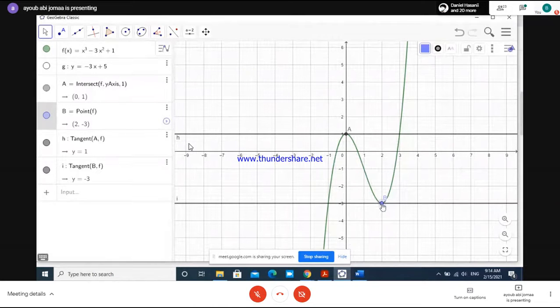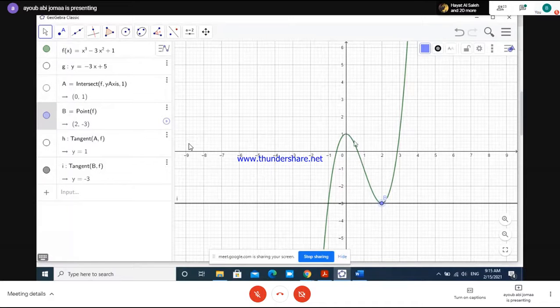If the function is differentiable, it means the curve is smooth. The curve here at this point is smooth. We don't have an angular point. It's smooth.